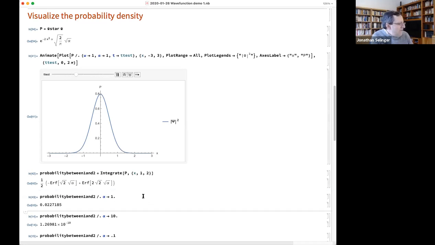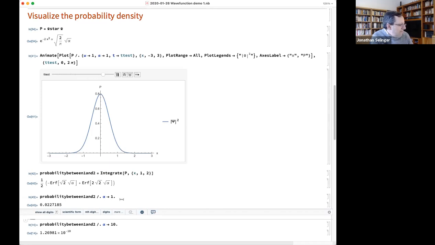If alpha is equal to 0.1, then it says the probability that the particle is between 1 and 2 is about 2%.